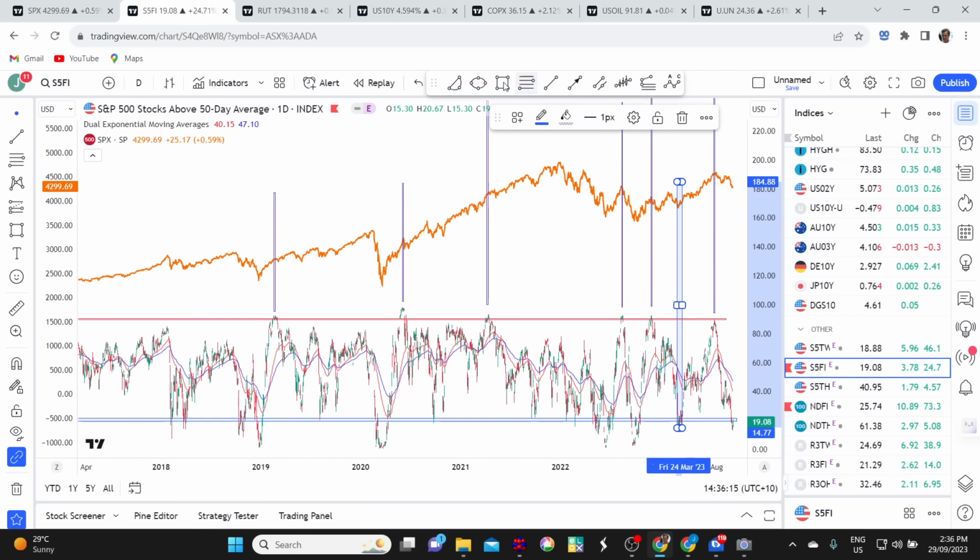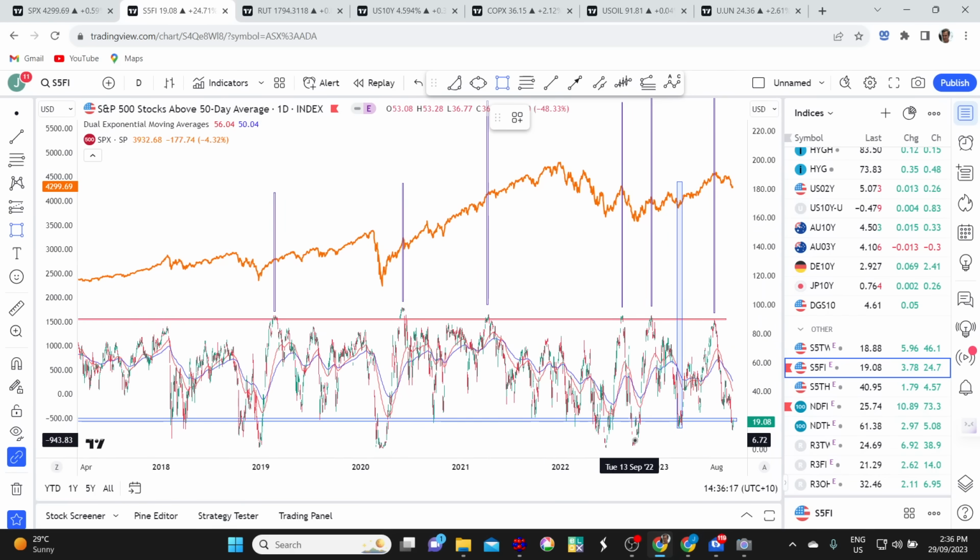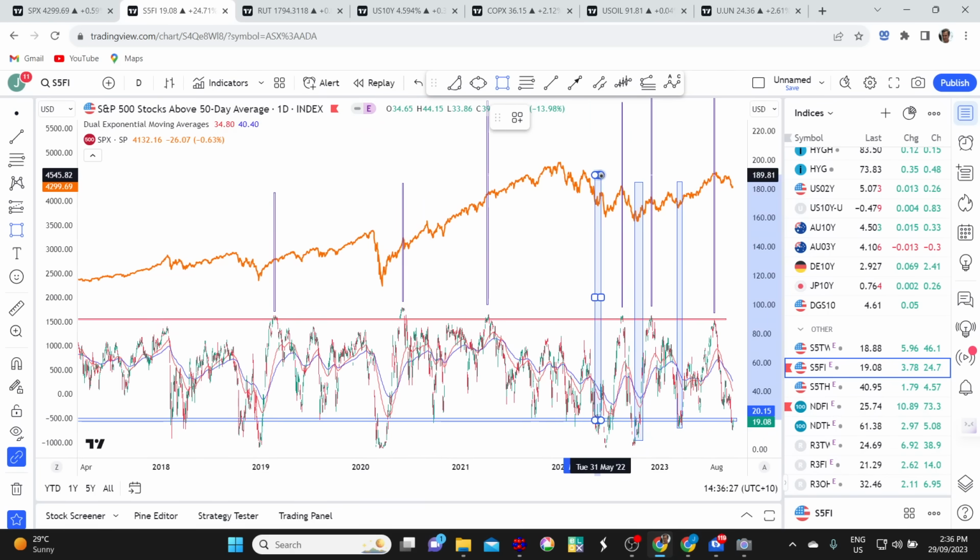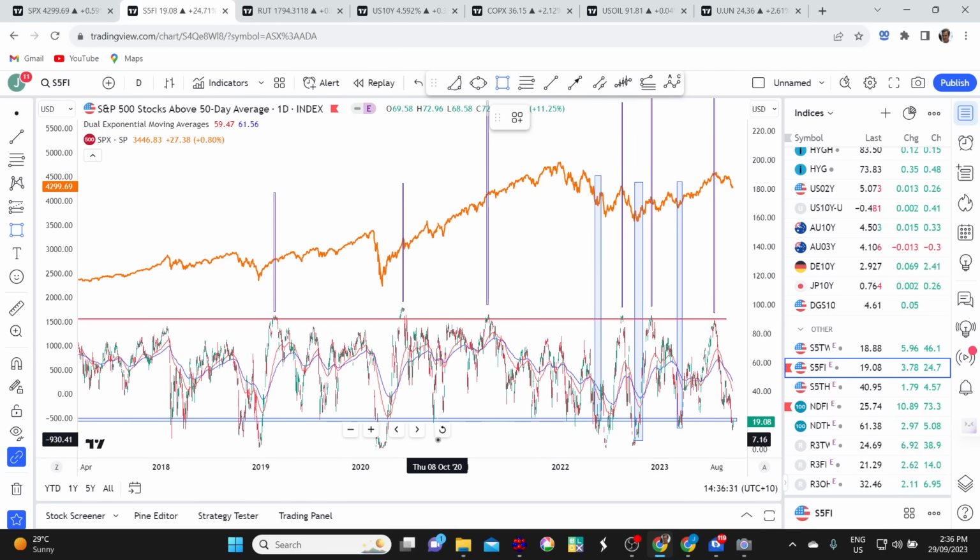We tend to get these rebounds. They don't all turn into lasting bottoms, but they often do. For instance, we can get situations like here, where it did lead to a bounce, but not a lasting low. But more often than not, we find that these tend to be low points in the market.